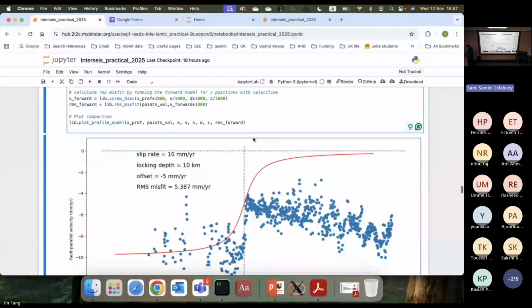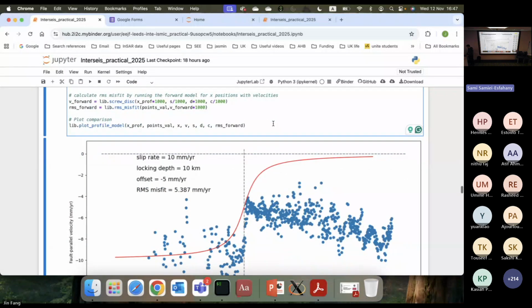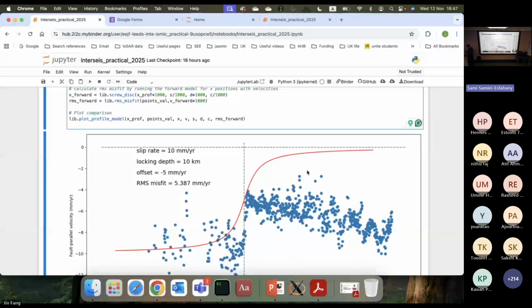A quick reminder about what each parameter does: the velocity step across the fault controls slip rate, and the velocity gradient across the fault reflects the locking depth. A steeper gradient means shallower locking depth.